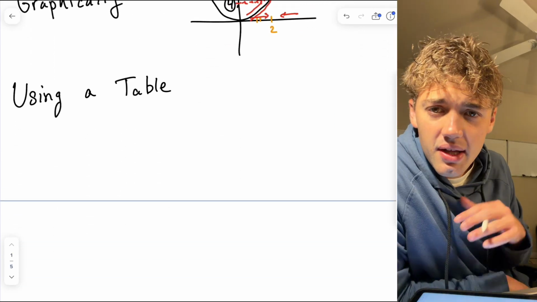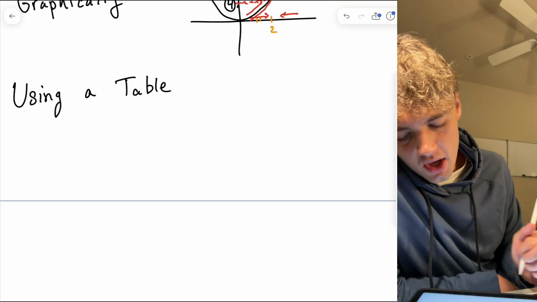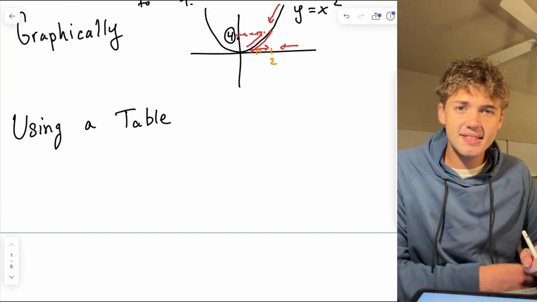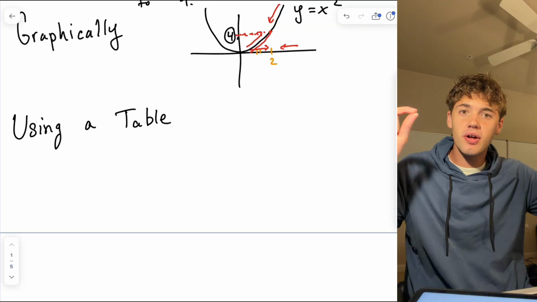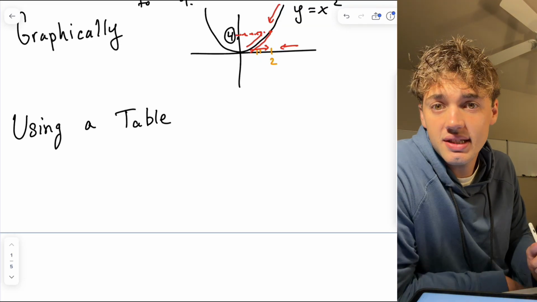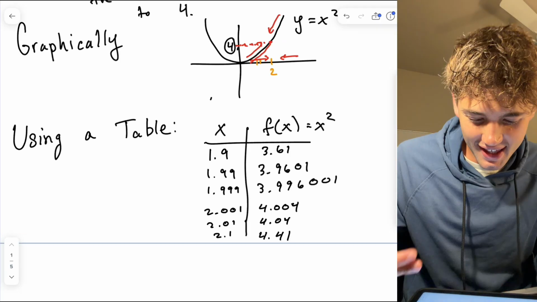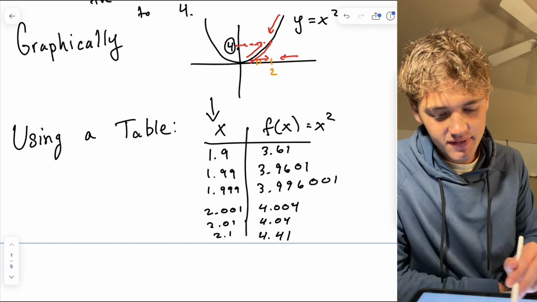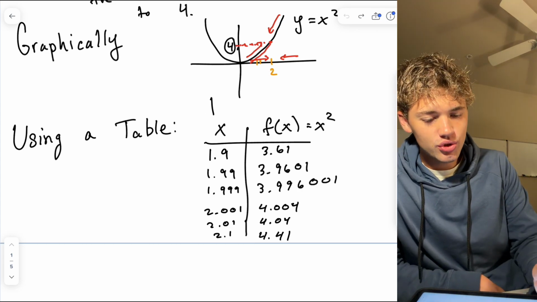And the last way we need to be able to connect the same limit problem is using a table. So what we're saying is that in the x direction, we can plug in values that give outputs that get closer and closer to the value that we're looking for. That's what we mean by using a table. So we've plotted this table right here that gives, when we plug in a certain x value, what's happening to our function f of x equals x squared.